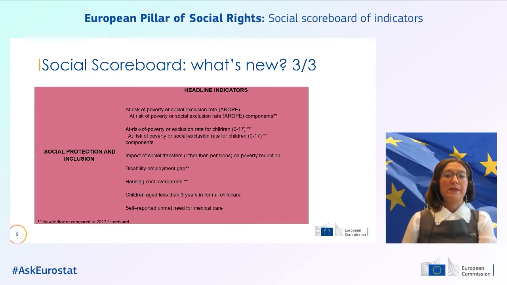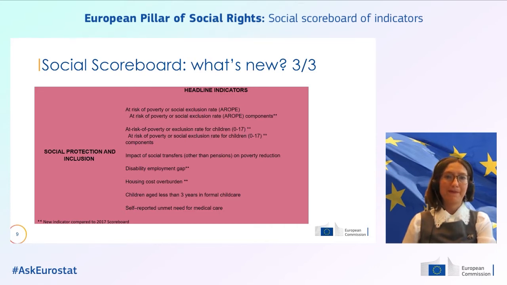And there is the disability employment gap, which has been published for the first time just 2 weeks ago. It's based on the living conditions survey, but this is also an indicator that will be collected.